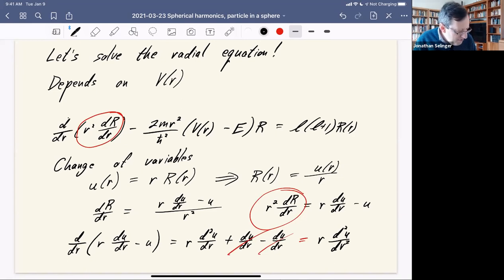Okay, and then if we put that into our equation here, let me copy and paste that again.